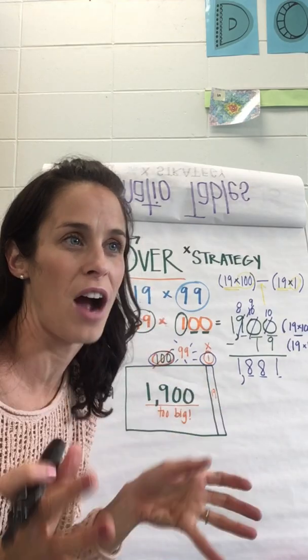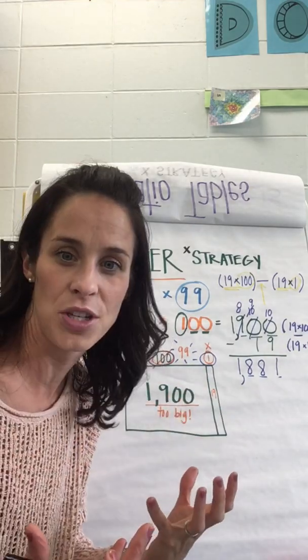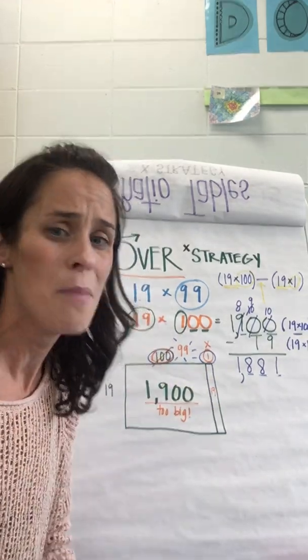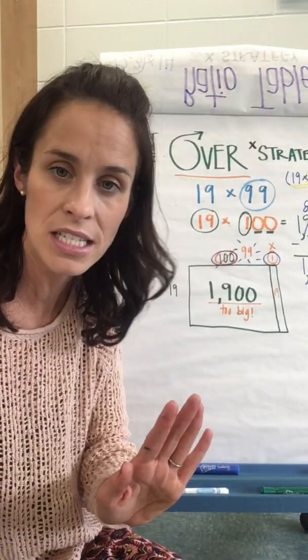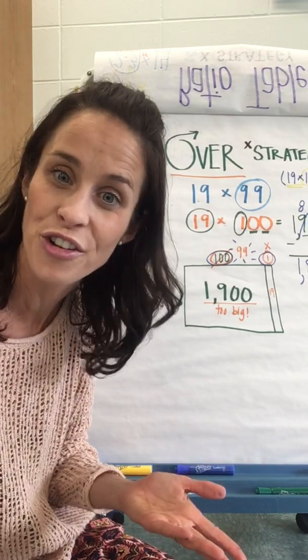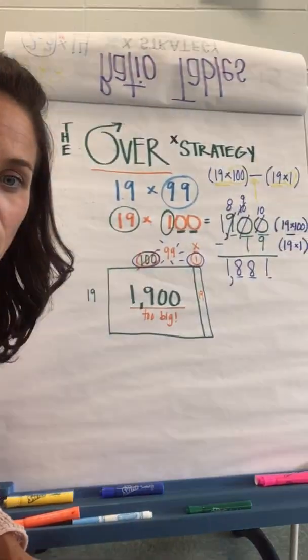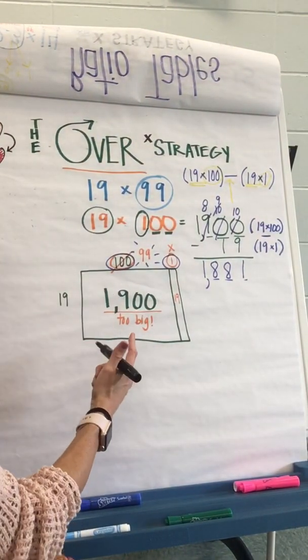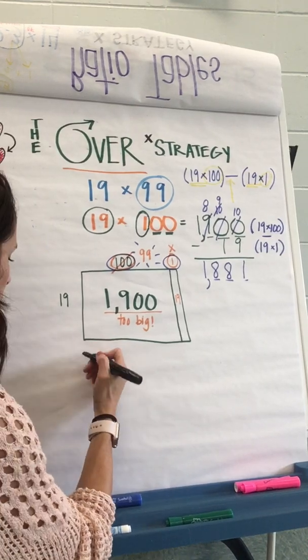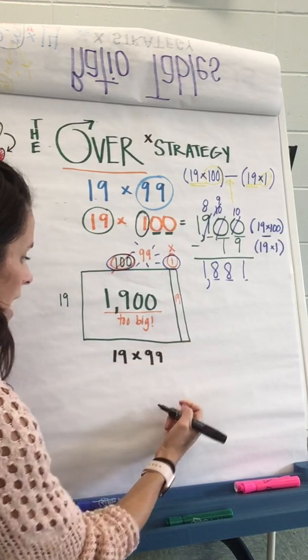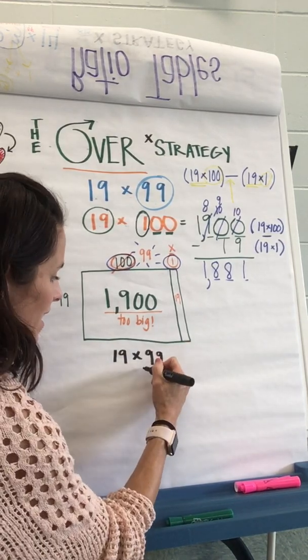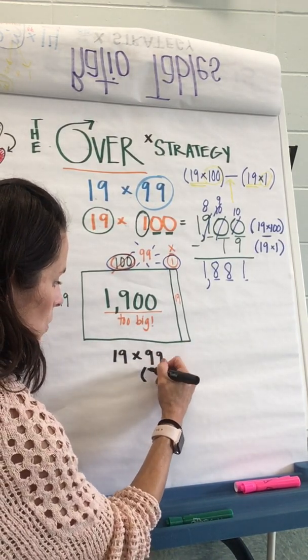Okay, so just a review, because this is a tricky strategy, and remember, it is just that, a strategy. So you're going to try it, you're going to see if it helps you, be open-minded. But if it doesn't help you and it's something that you're confused by, do your best to practice it, and then we'll be moving on to other strategies that you might find more helpful, okay? So really what we did was, we took 19 times 99, and we said, well, wait a minute, 99 is the same thing as 100.